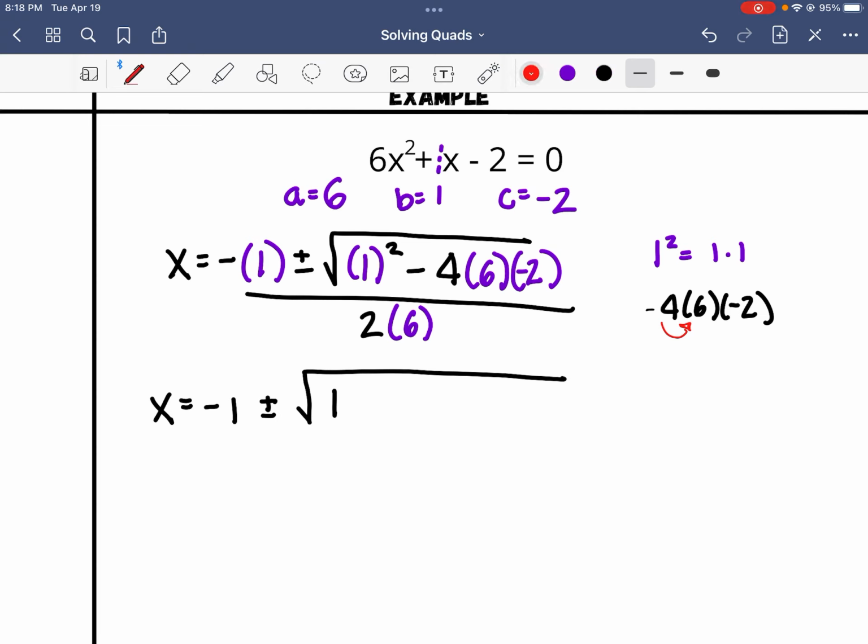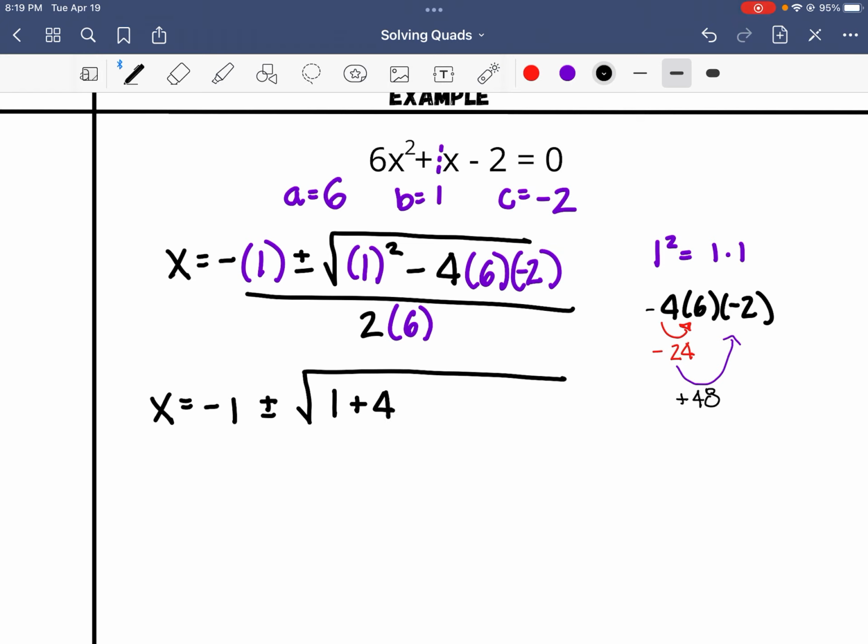So I'm multiplying. Negative 4 times 6 is negative 24. And now I have to do negative 24 times negative 2. 24 times 2 is 48. And a negative times a negative is a positive. So over here, I'm going to write just that.